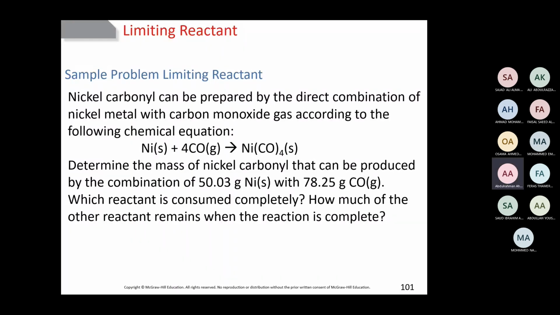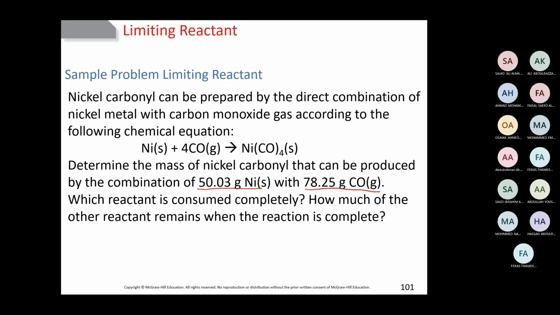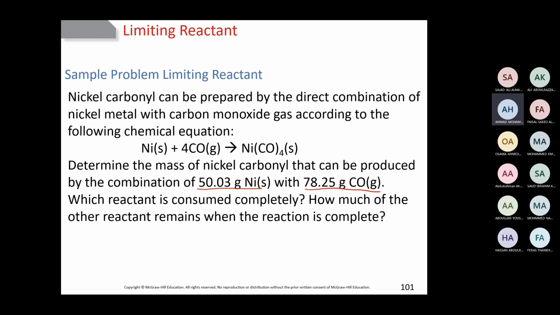To start with, since I give you the mass of nickel and the mass of CO, what does that mean? The mass of the reactant. Yes.